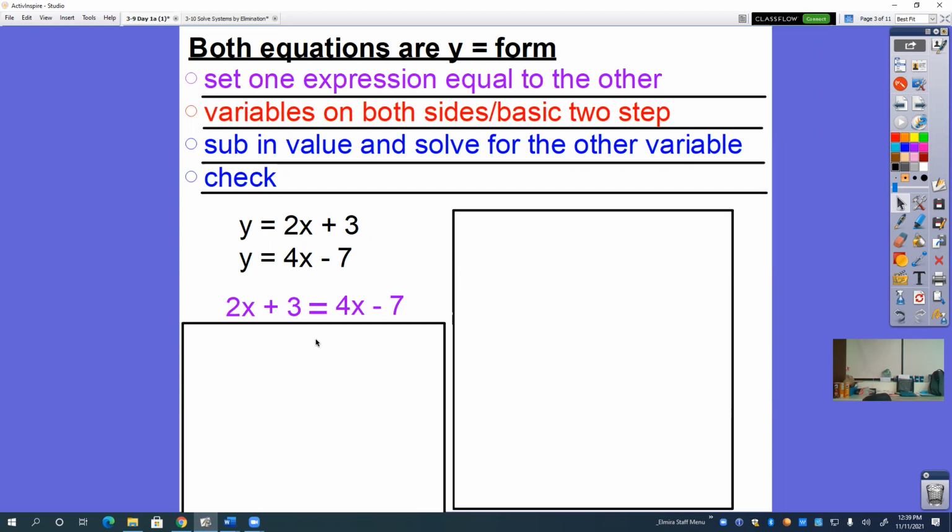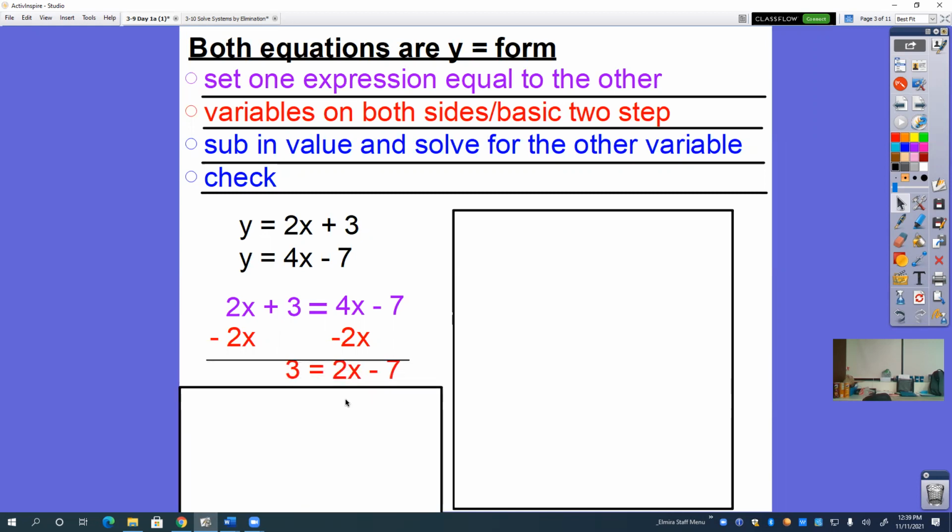And it's variables on both sides. So as we recall, we cancel out the smaller variable. It's a positive 2x, so we want to subtract 2x from both sides. When we do that, we're left with positive 3 equals 2x minus 7.